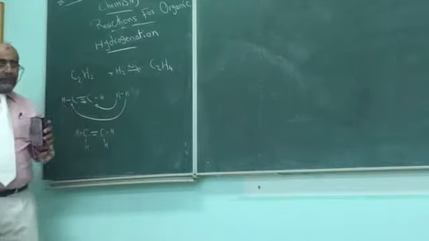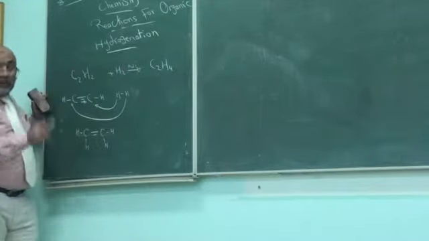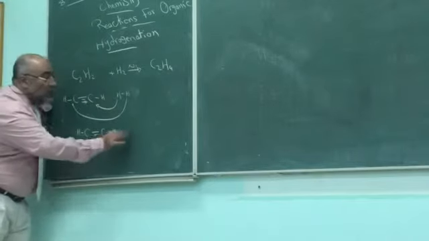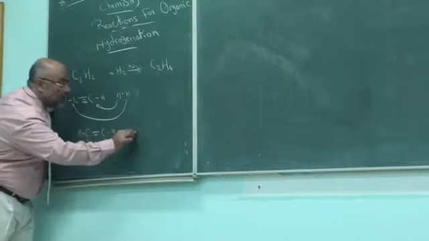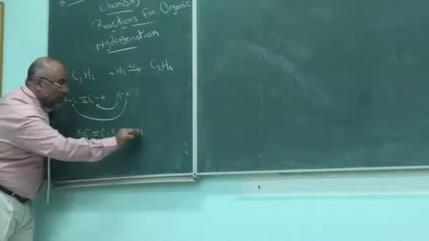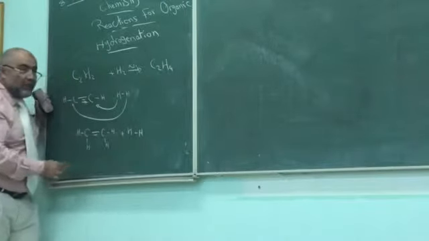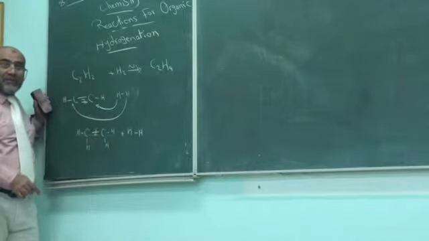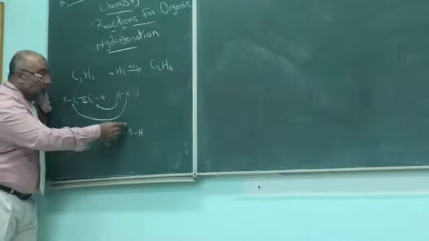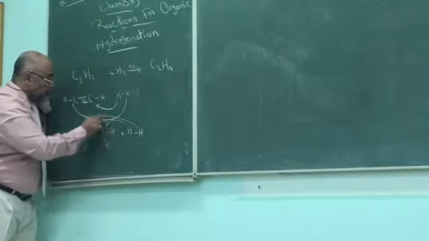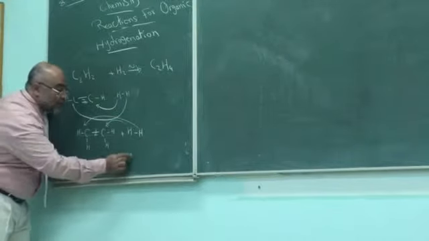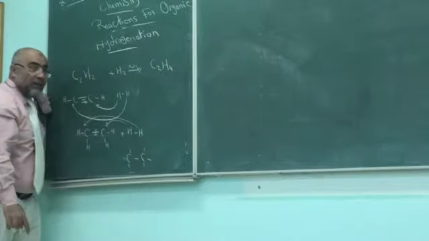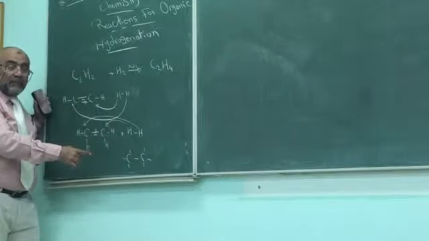I'll give you a hint. What will happen if you have excess of hydrogen? That means we have another hydrogen molecule here. What will happen? Another breaking down the pi bond between two carbon atoms, right? That means here another addition will produce in this case CH3CH3. This one is ethane.